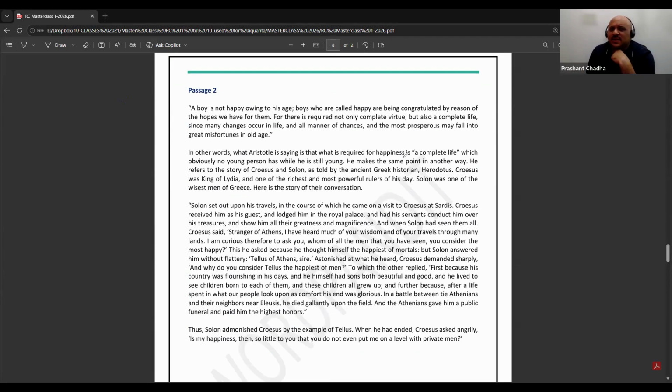Aristotle is saying that what is required for happiness is a complete life, which obviously no young person has while he's still young. This line is very important. He's clearly saying that no young person has this, right? So no young person has this.